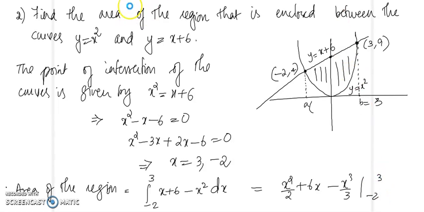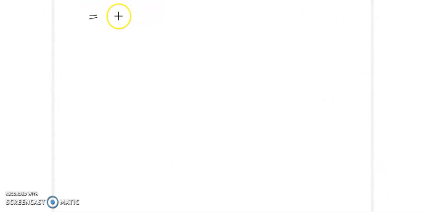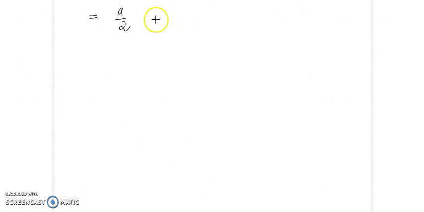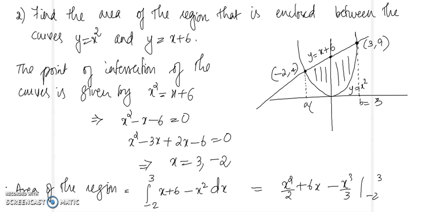So you will get x square by 2 for 9 by 2, plus 18, minus x cube by 3 for 27 by 3.